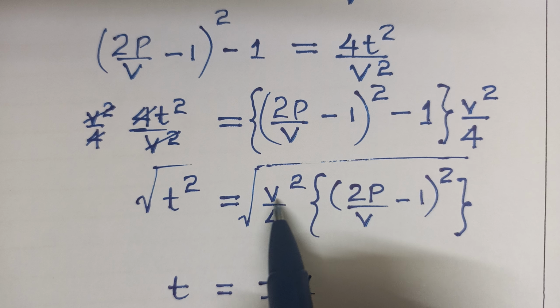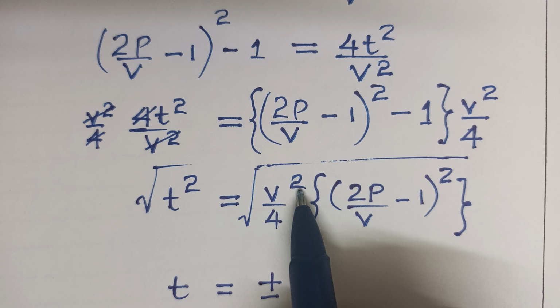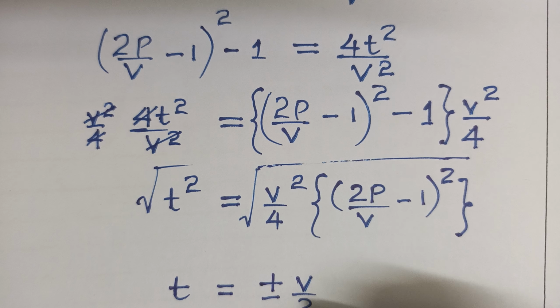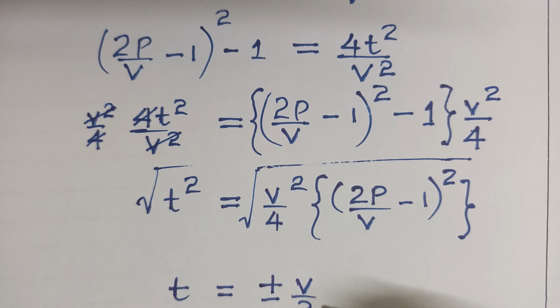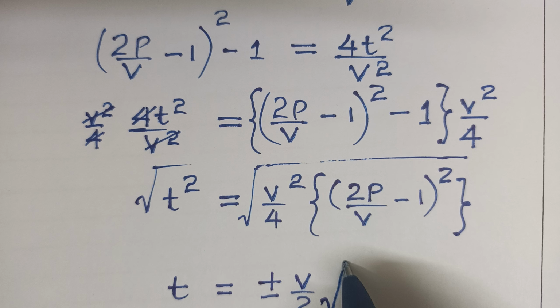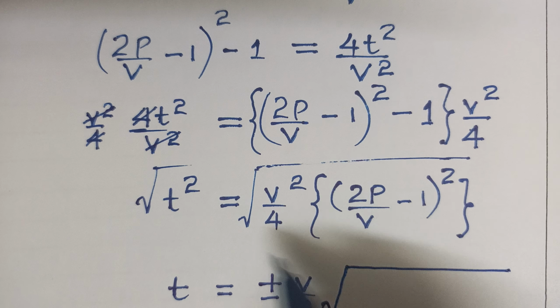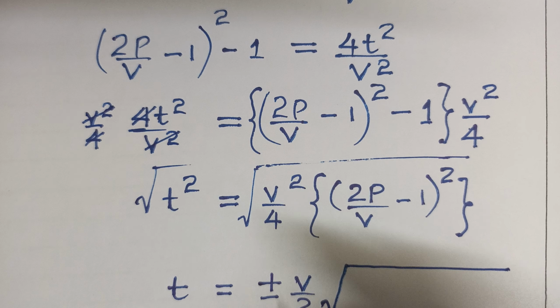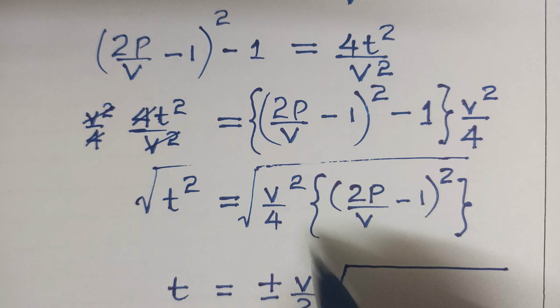Remember, the square root of v squared is v, square root of 4 is 2. And now this is going to be square root there, because the square root for that we have already done. And now what will remain is this.